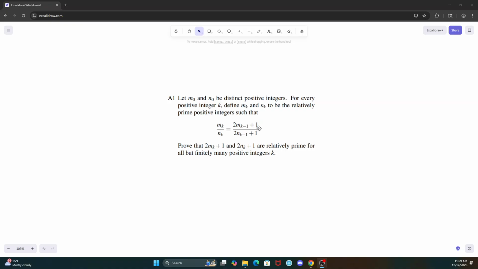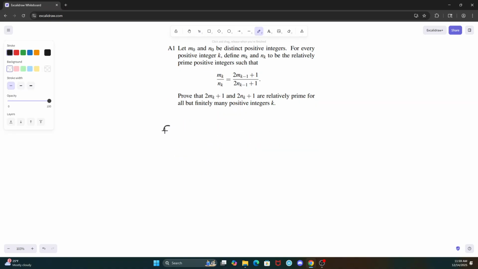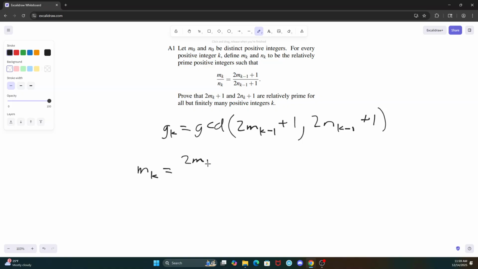And so we want to write that out explicitly. So if we let g sub k be the greatest common divisor of 2 times m sub k minus 1 plus 1 and 2 times n sub k minus 1 plus 1, we can write m sub k as 2 times m sub k minus 1 plus 1 all over g sub k.